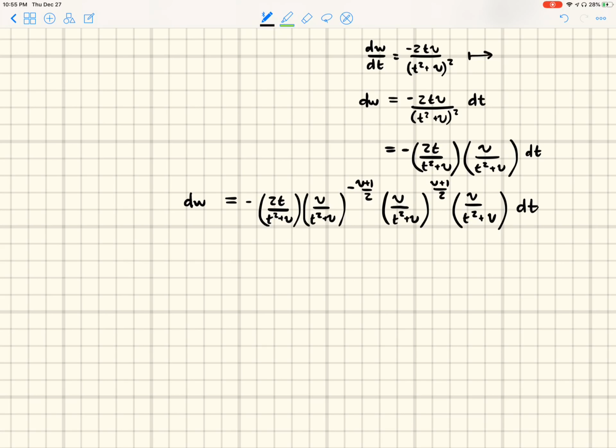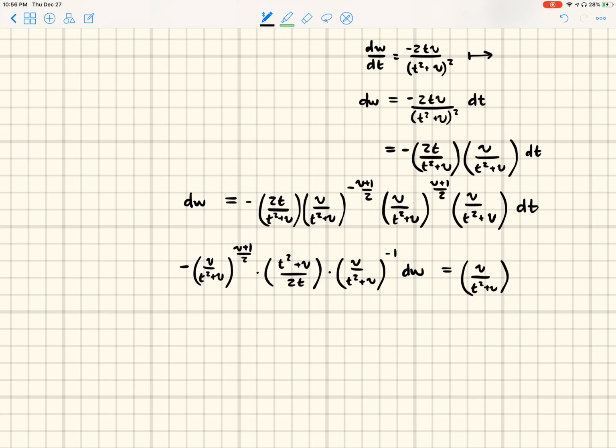We can say that negative v over t squared plus v, raised to the positive v plus 1 over 2, times t squared plus v over 2t, times the inverse of that, dw is equal to v over t squared plus v to the power v plus 1 over 2 dt.